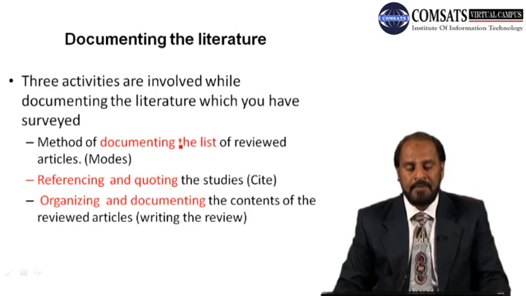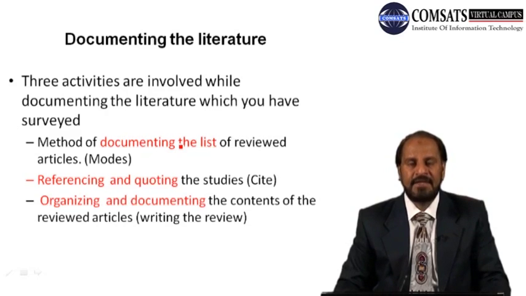And while documenting, there are 3 activities which need to be considered. One activity while documenting is that you follow a certain method of developing what we call a list of reviewed articles.